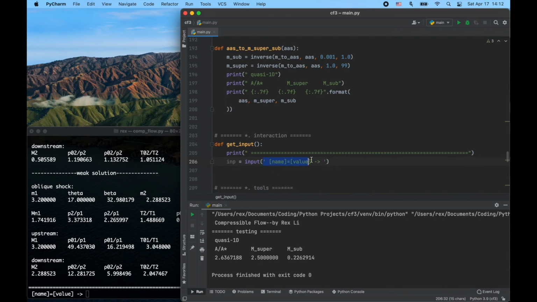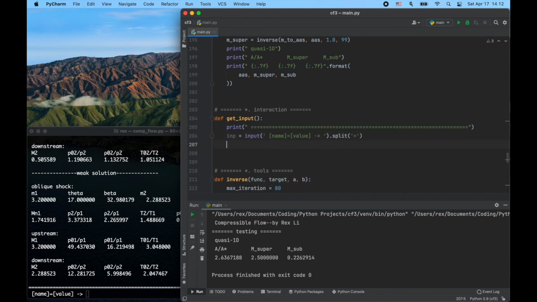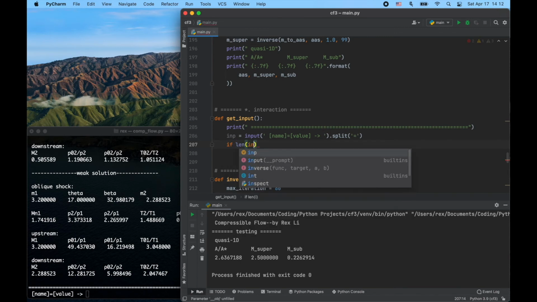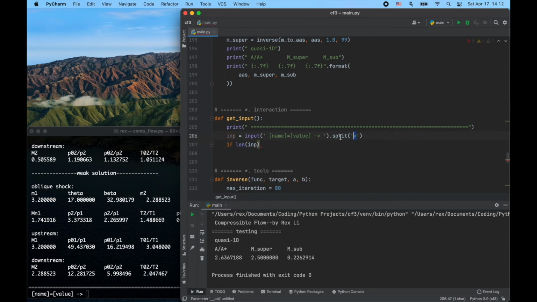And what's next? Remember it's already been split by the equal sign. If the length is 1, that means there's no equal sign, or there's nothing before or after the equal sign. That means there's only one word, right?